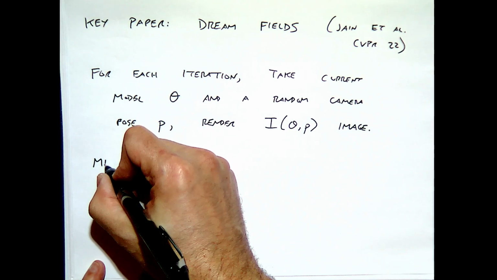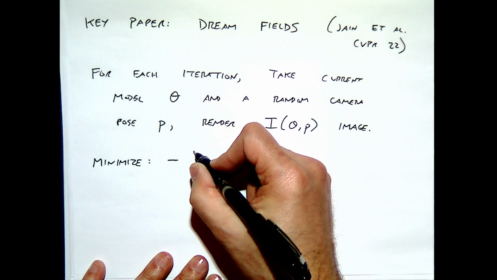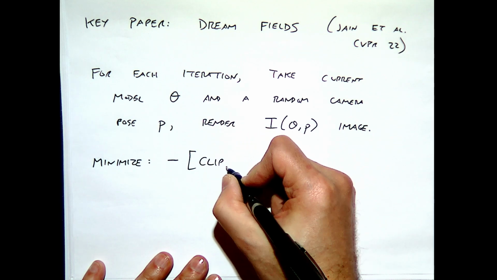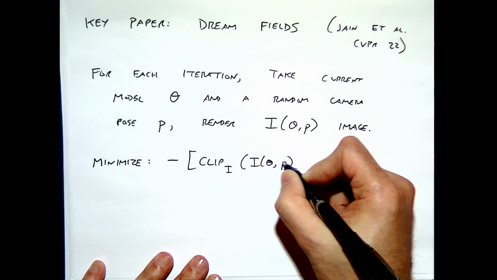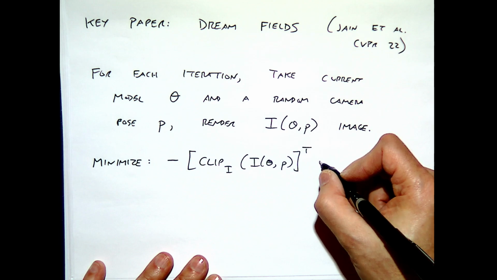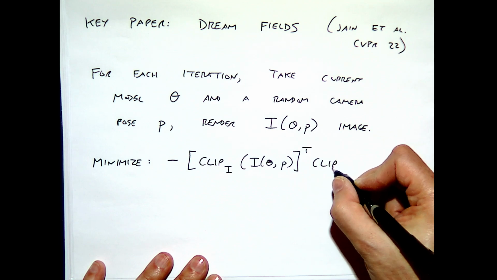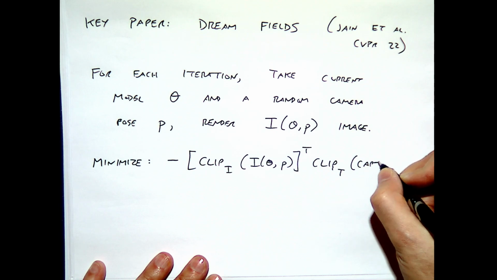Then I want to minimize, basically, I look at the CLIP image encoding of the image I have, and then I dot product it with the CLIP text encoding of the caption or the prompt that I give it.